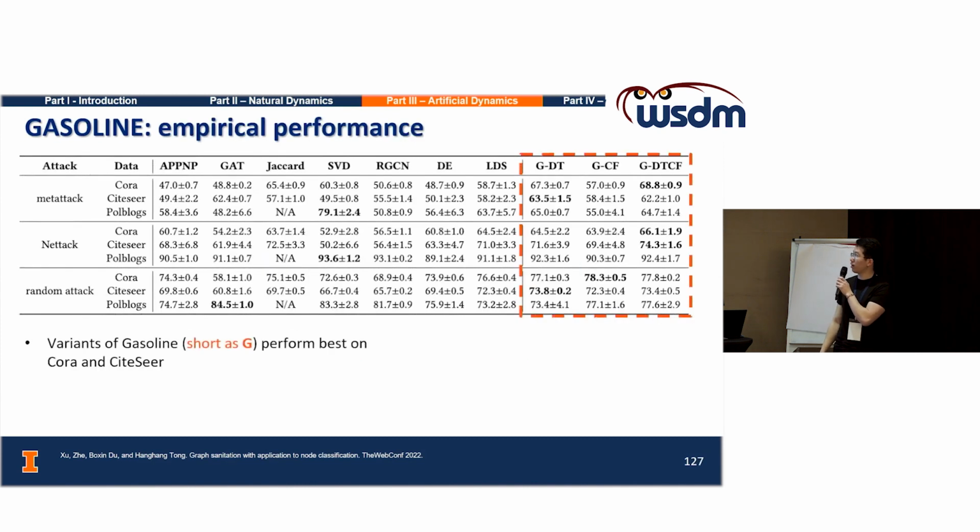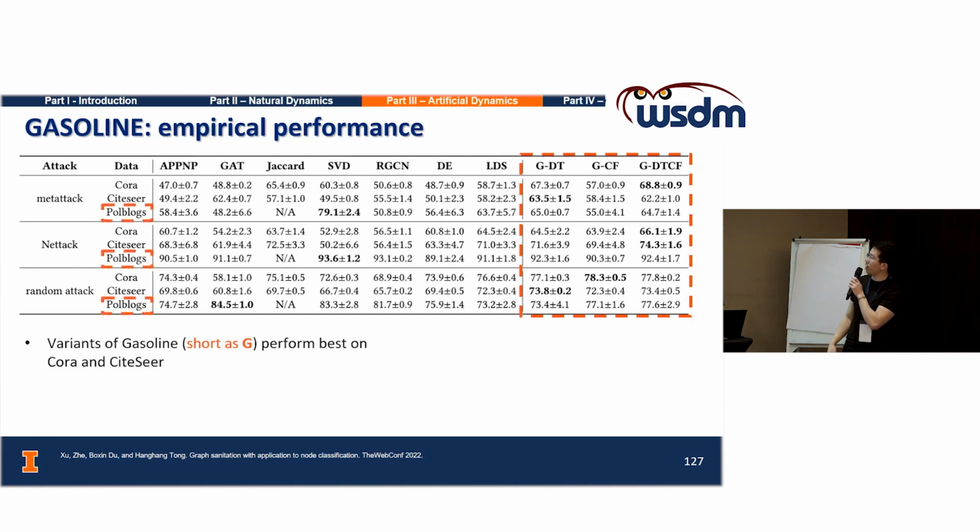Here is some empirical performance. We find that our model, GASOLINE, here shortened as G, performs the best over the Cora and CiteSeer datasets. The letters after the hyphen mean some variants, say we update the graph topology or update the node features in a continuous or discrete way.